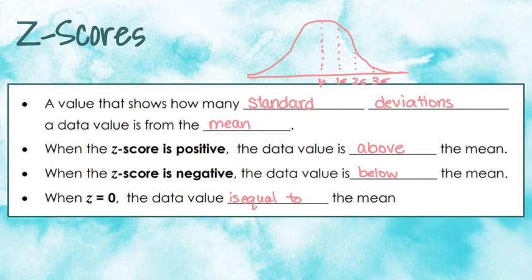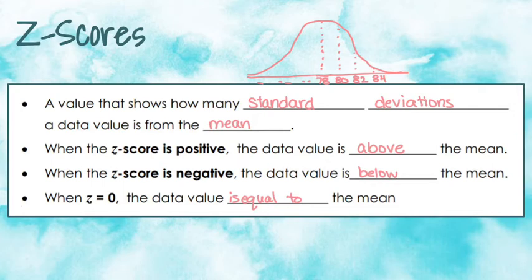So for example, if these were test scores, so let's erase those and say that the average test score was a 78 and the standard deviation was 2. So that would make this 80 and 82 and 84. And it would go this way too, but let's just deal with half of it for now.